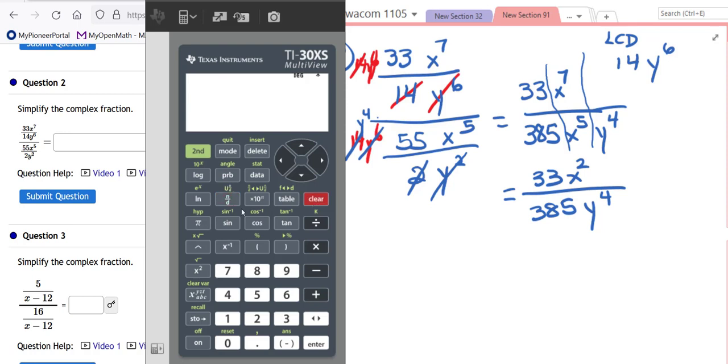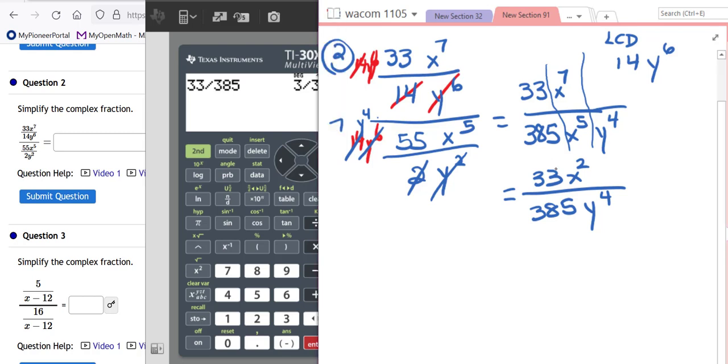Actually, on this calculator, I think I have to hit the fraction button first. Nope. All right, 33, fraction button, 385. Enter. It reduces. Okay. So I was thinking it would not reduce.